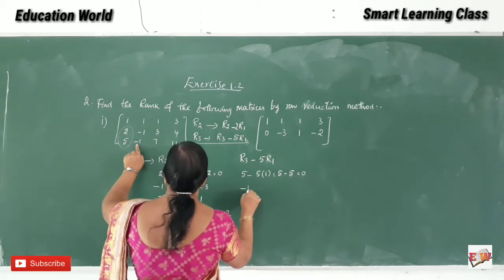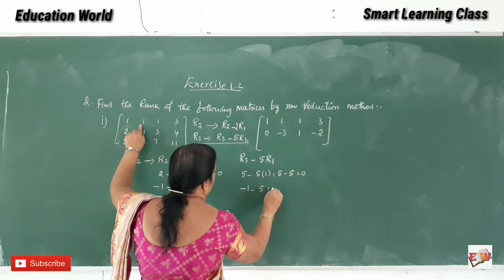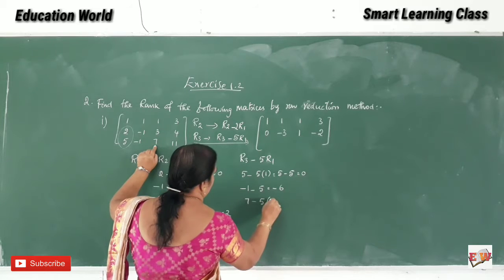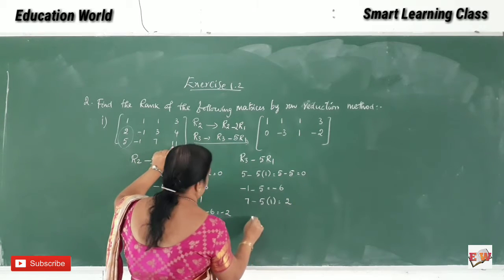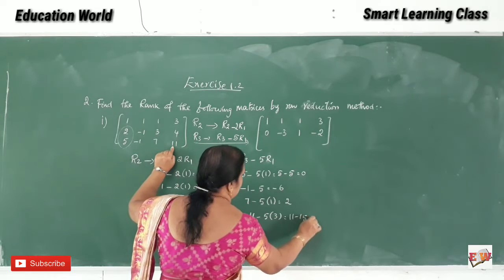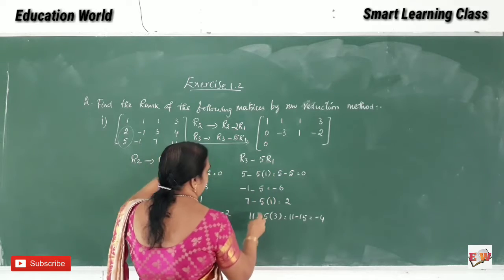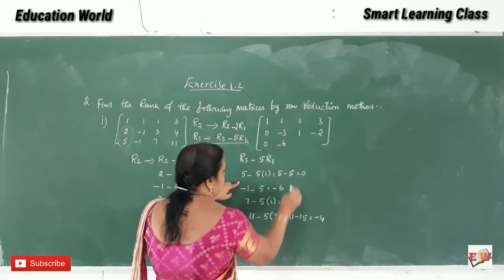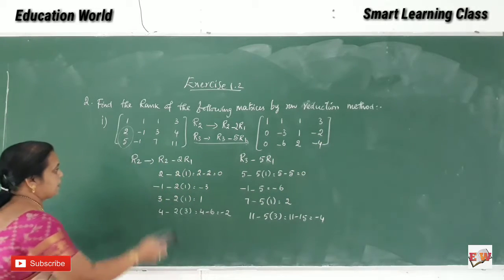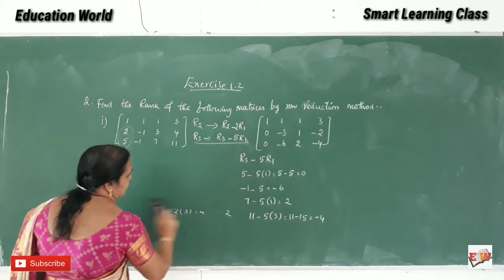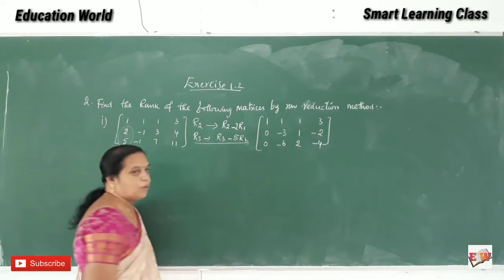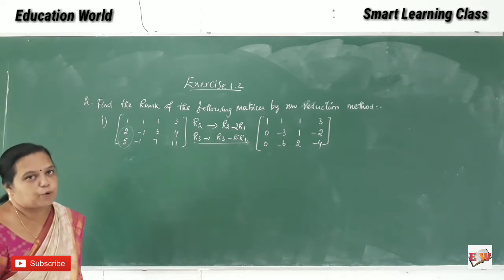Next, minus 1 minus 5 is minus 6. Here 7 minus 5 into 1 is 2. 11 minus 5 into 3, 11 minus 15 is minus 4. So the row is 0, minus 6, 2, minus 4. Write the rows carefully. We have to do the transformations in rows only, by using elementary row operations.